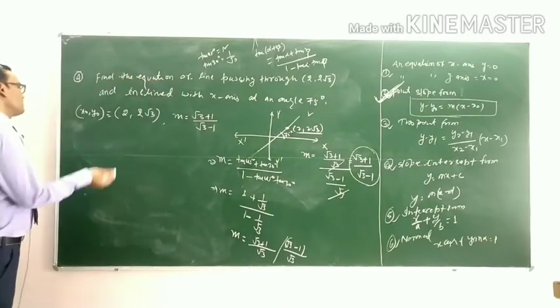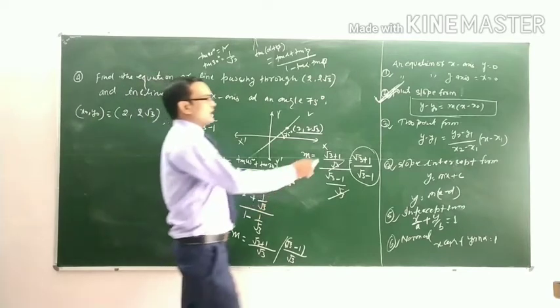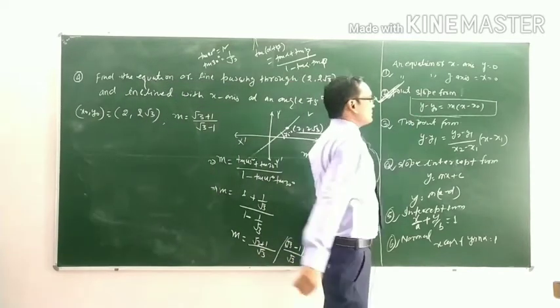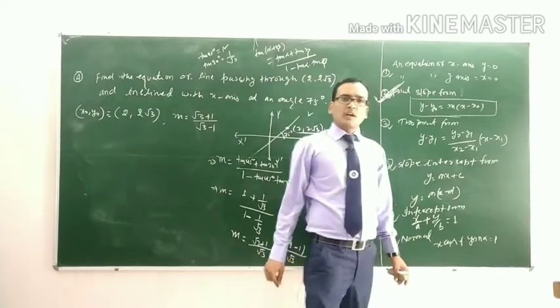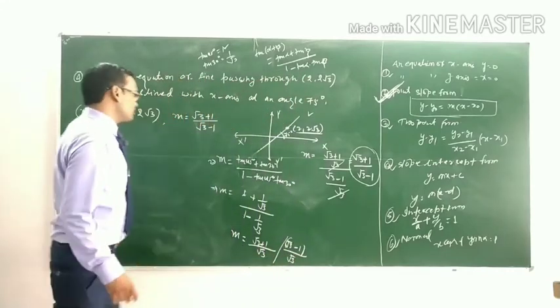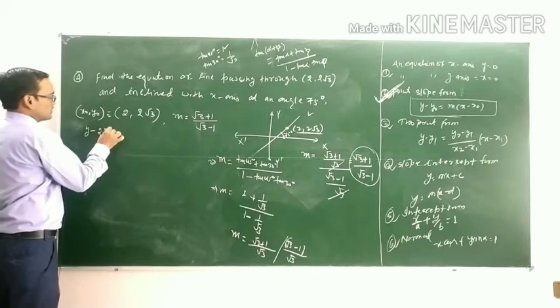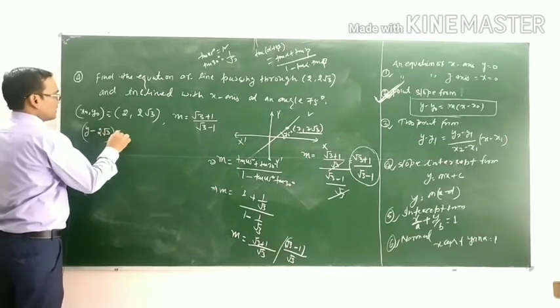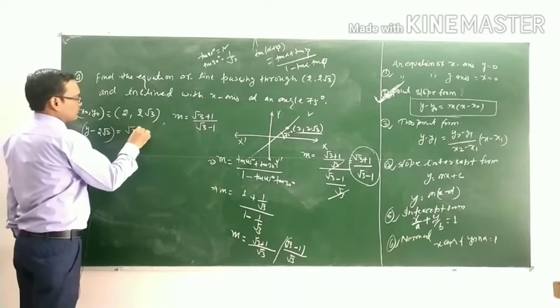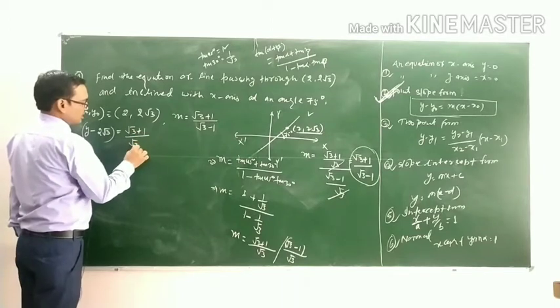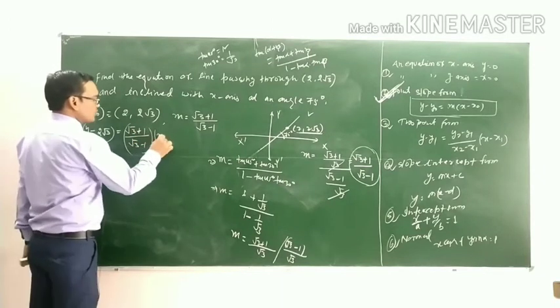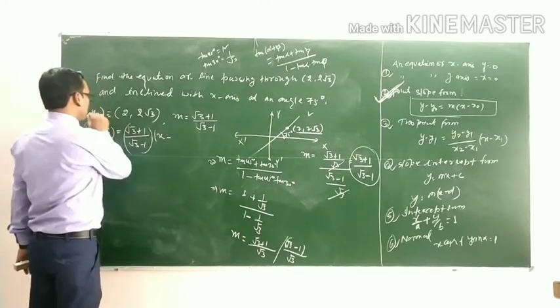Using the formula y minus y0 equals m into (x minus x0), y minus 2√3 equals (√3 plus 1) upon (√3 minus 1) into (x minus 2).